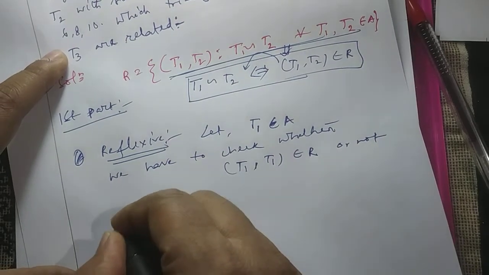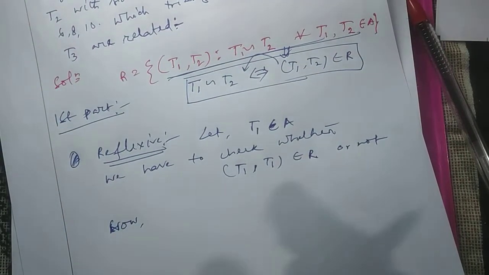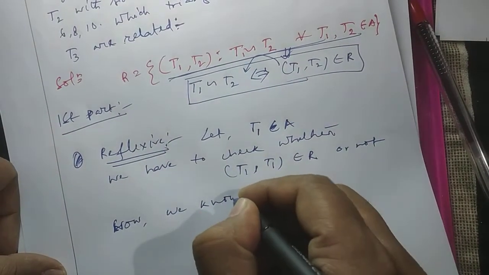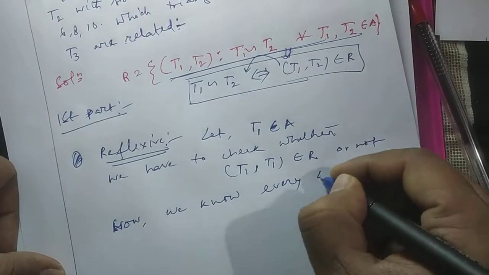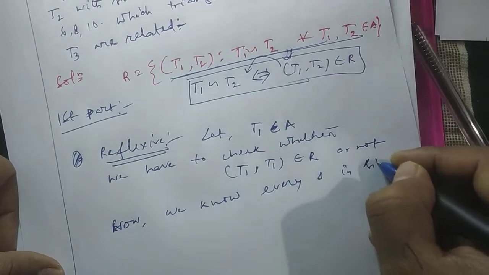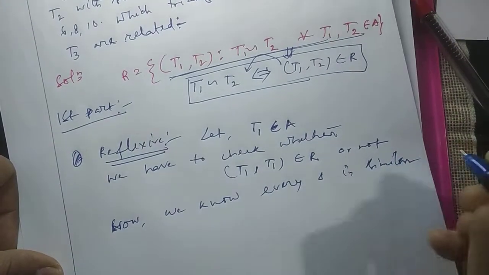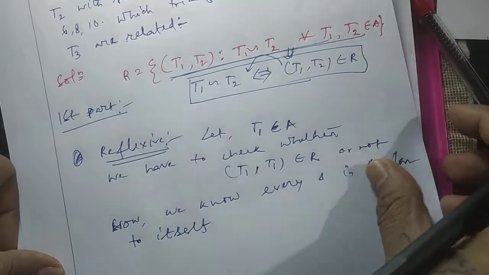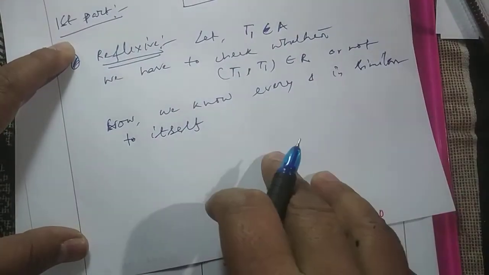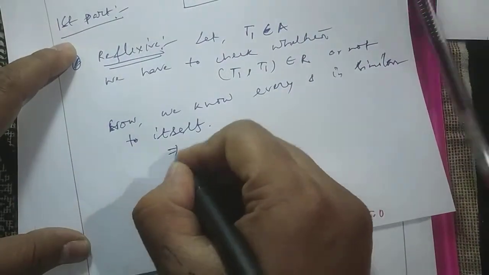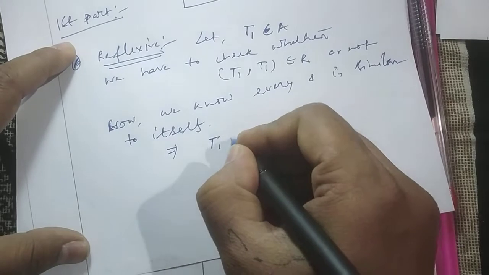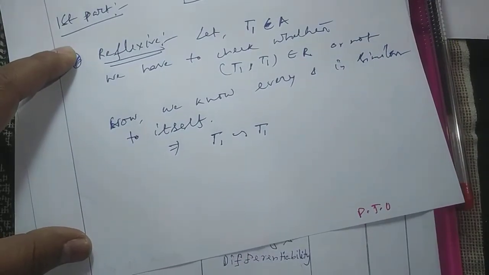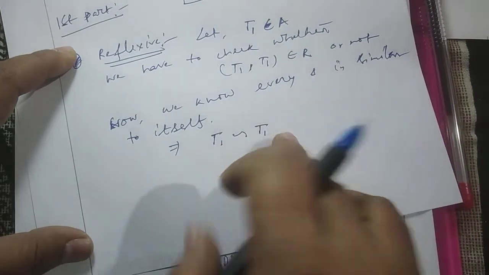Now we know every triangle is similar to itself. It is very easy to understand. Every triangle is similar to itself. So we can say from here the triangle T1 is similar to T1.